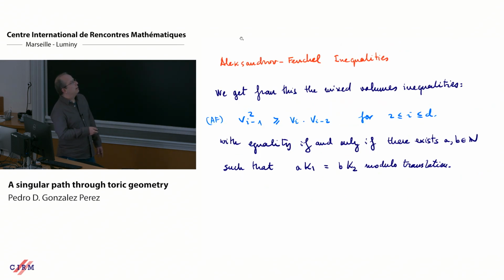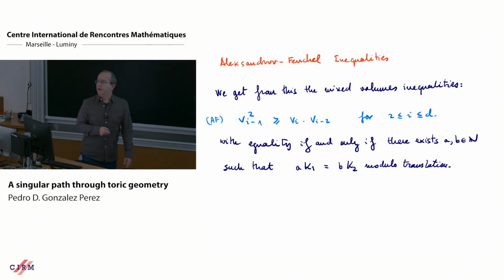And this is crucial because we can deduce from the algebraic geometry, what Bernard did, an inequality for the mixed volumes. And these inequalities are exactly the Alexandrov-Fenchel inequalities, which are obtained in this way from the application of the algebraic geometry.